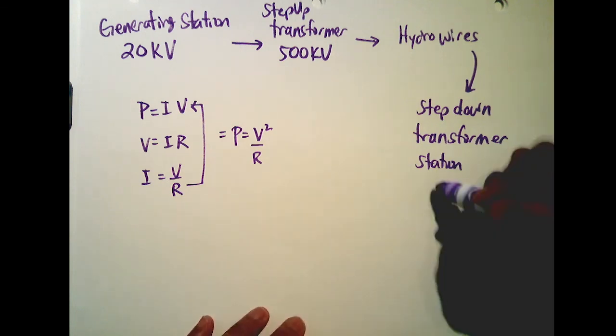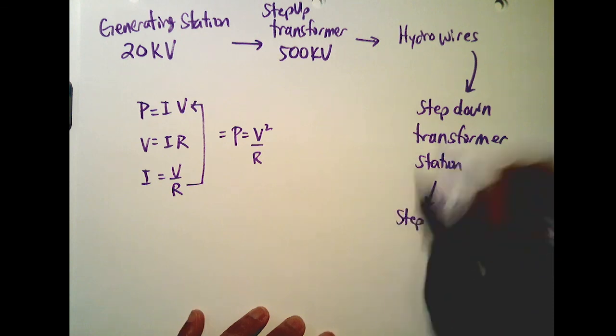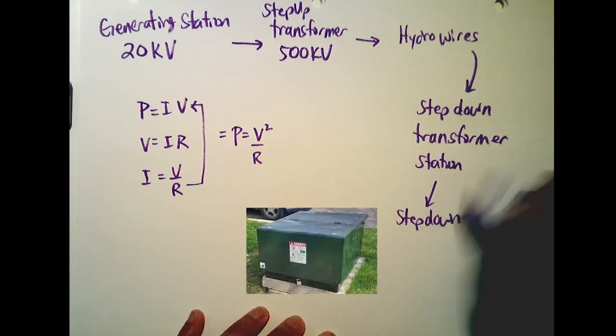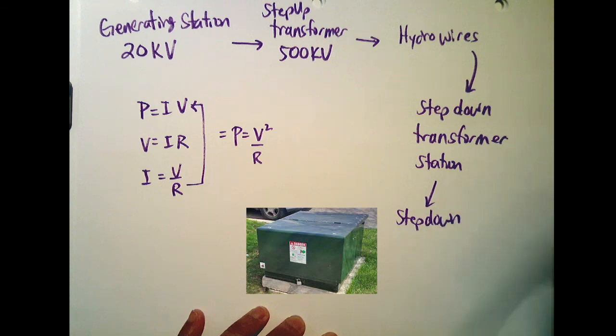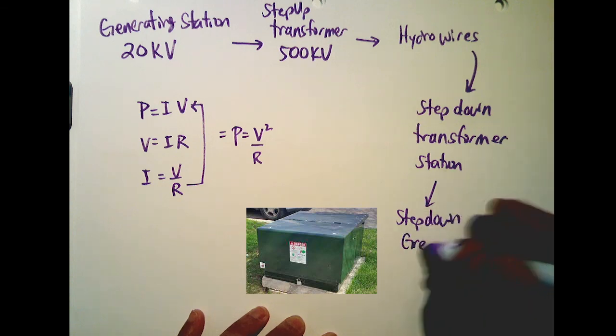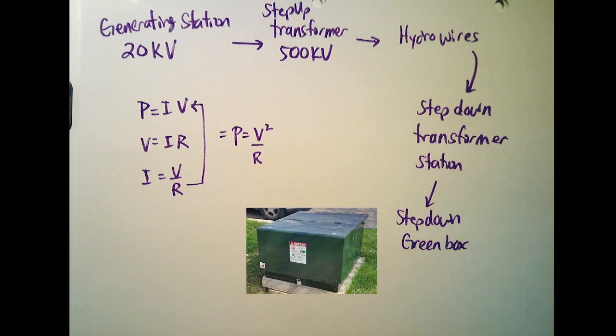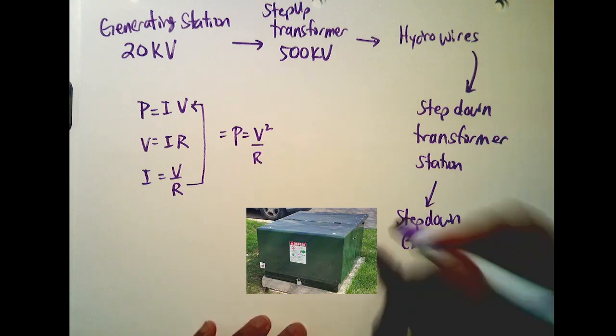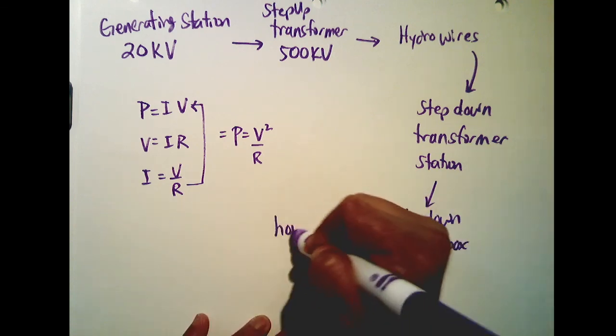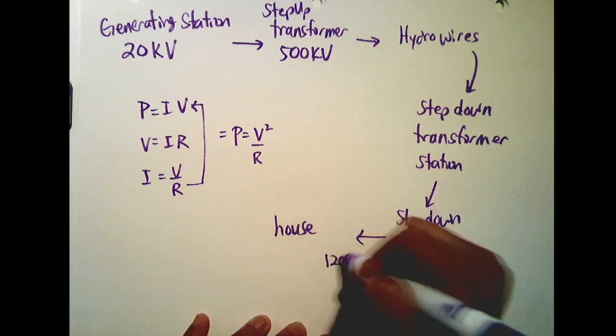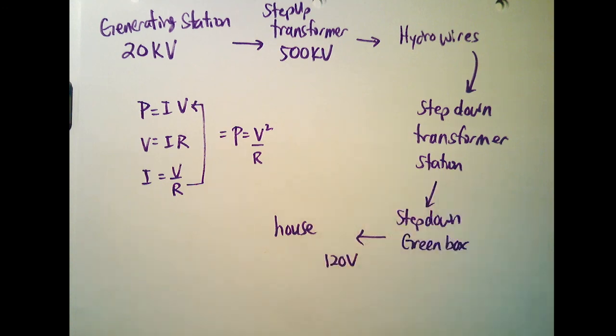And then they have another step down station or green box in your neighborhood, and then it goes into your house. And by the time it gets into your house, it's only 120 volts. Okay, and that's why we have those transformers, because it's able to change the voltage in such a way it can transmit power and it doesn't lose energy. All right.